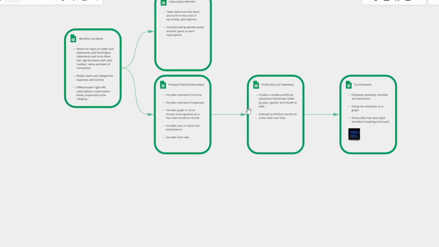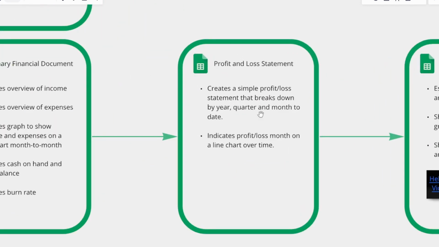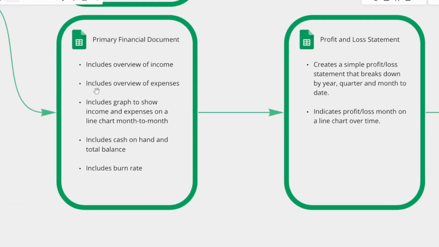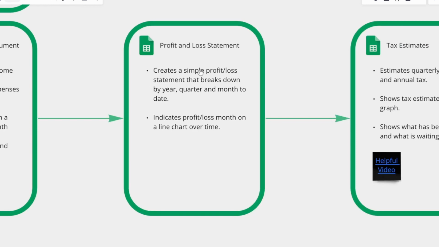And then what that will spit out is this nice profit and loss statement. And I just love the way that Miro makes this a visual process, guys. That's why I'm making this quick video. But we're going to have a profit and loss statement that gets generated from this financial document. And that's just going to create a simple profit and loss. A lot of times people ask you for these profit and loss statements.